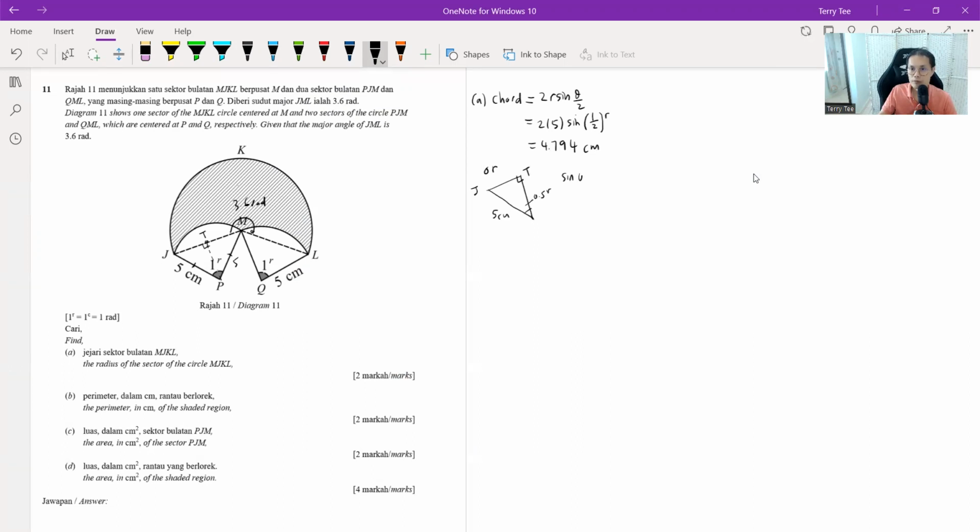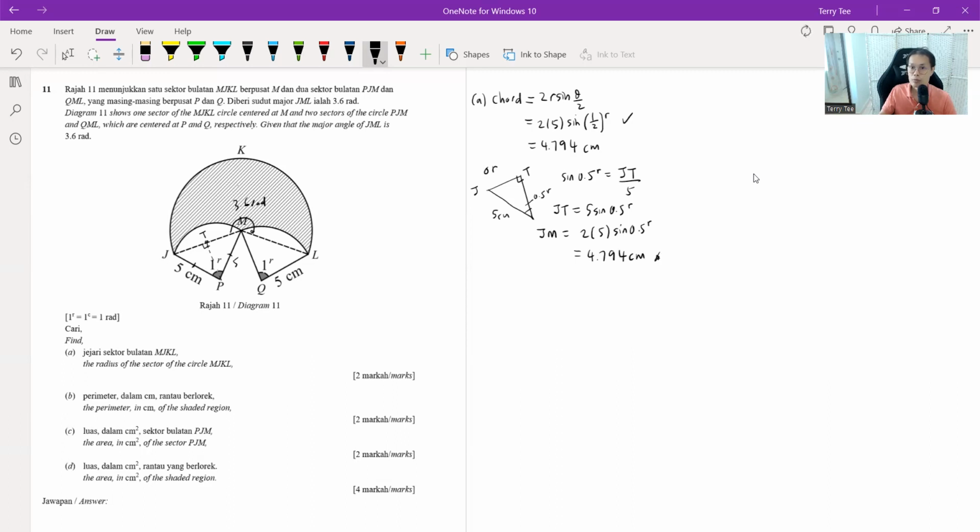Sine 0.5 radian is JT over 5, so JT is 5 sine 0.5. But I'm finding JM, which is 2 times 5 sine 0.5. You notice it's exactly the same as the one above, which also gives us 4.794.